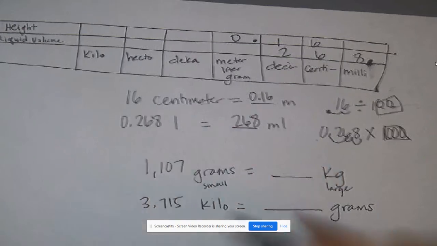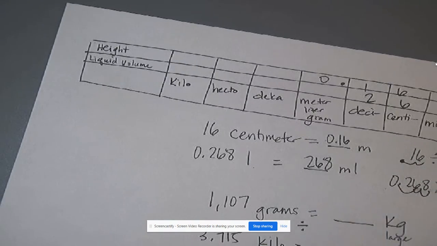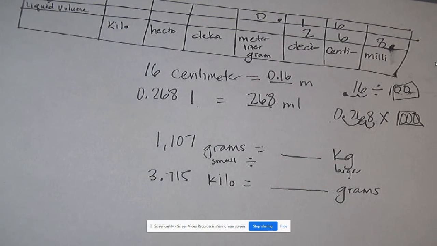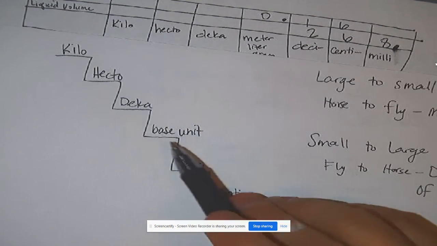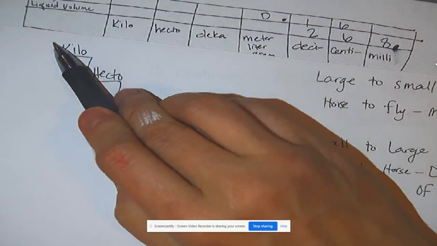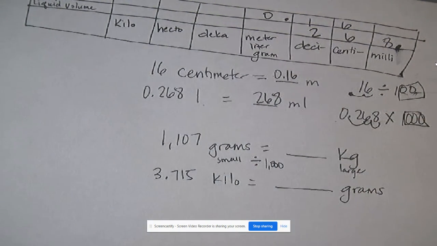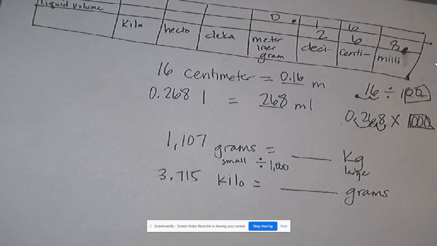We divide, of course. So we're going to divide by something right there. So now we need to go find out how many we're going to divide. So here we are at grams, 10, 100, 1,000. So we are dividing by 1,000. Well, is our answer going to get larger or smaller?